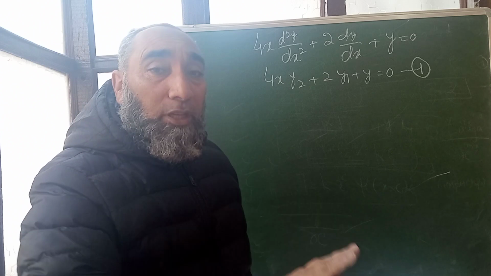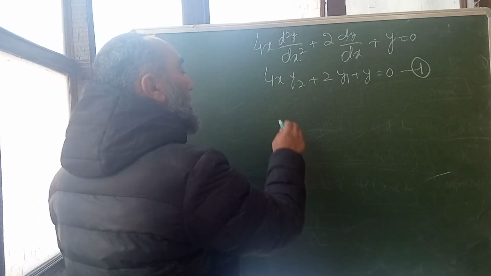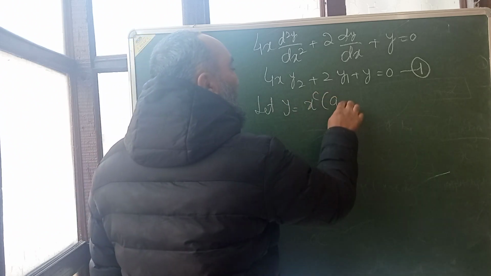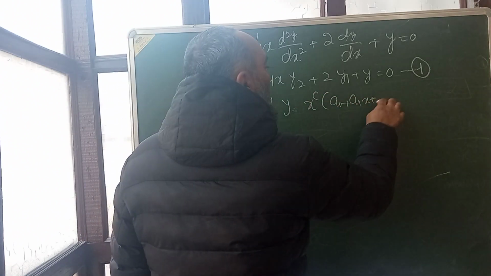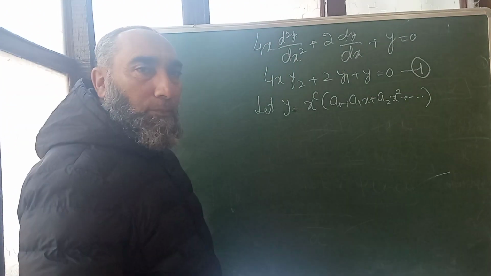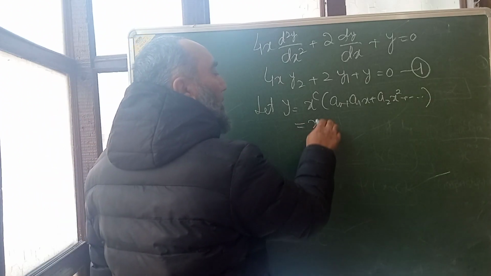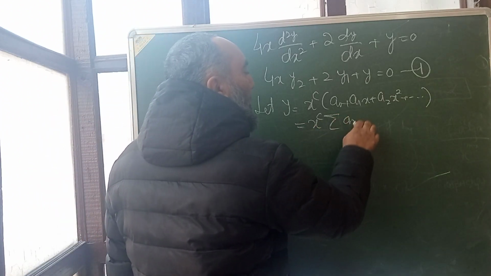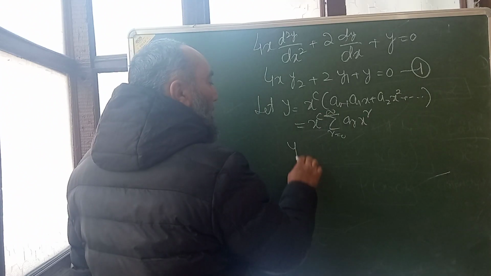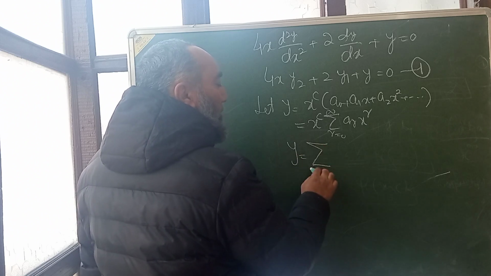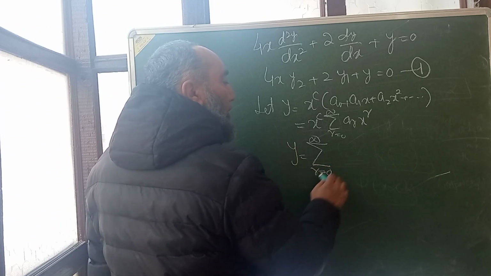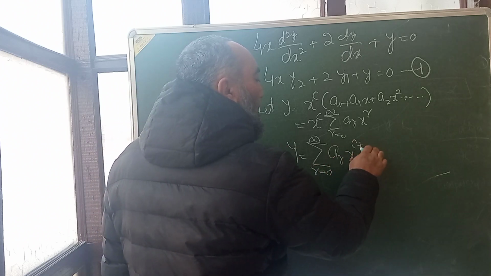Now, using the Frobenius method again, let me suppose that y equal x raised power c times a0 plus a1 x plus a2 x square plus so on be a solution of 1. This means, in future I will be writing directly this one: let y equal summation r running from 0 to infinity ar x raised power c plus r be a solution.